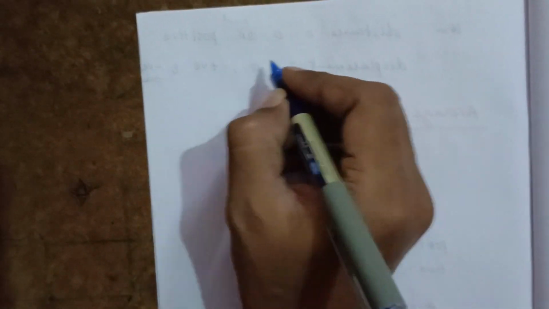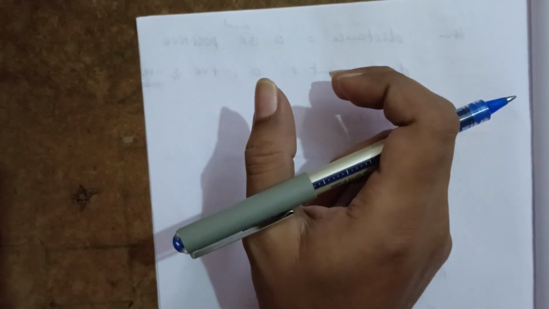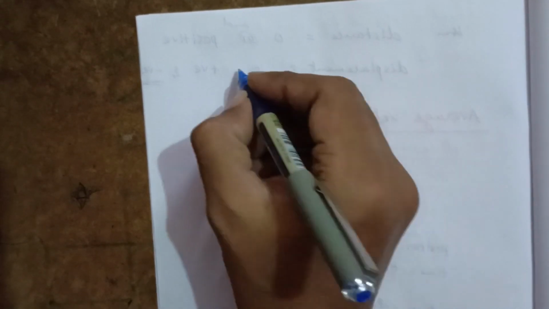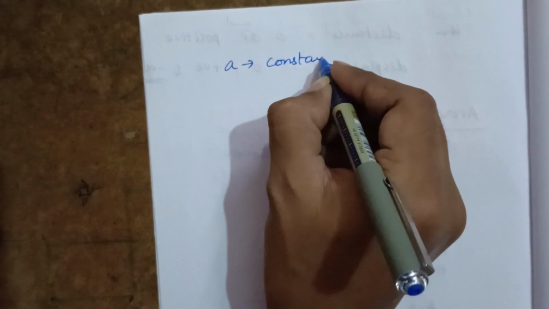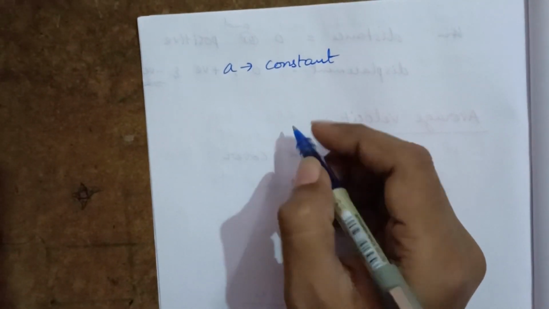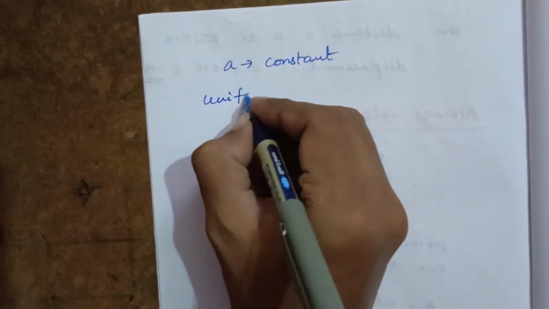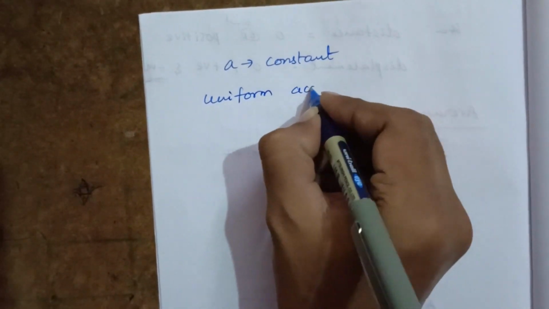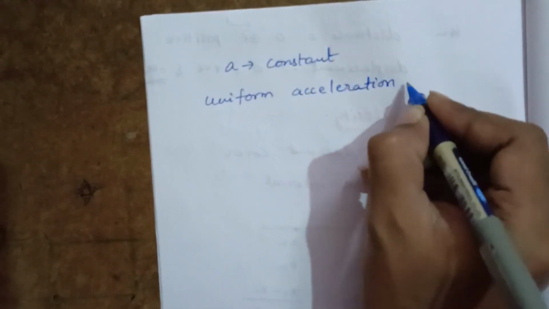Now, if a body is moving in a straight line, and if its acceleration is constant, we will consider uniform acceleration. What does it mean?